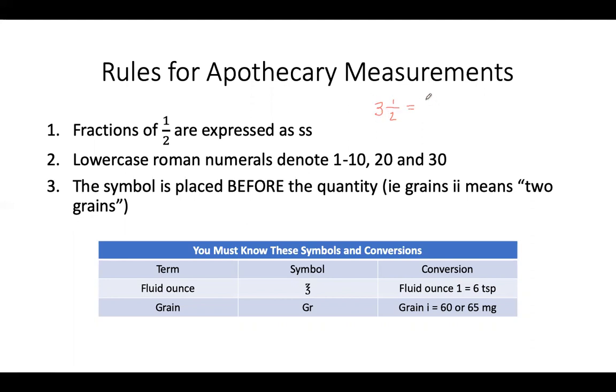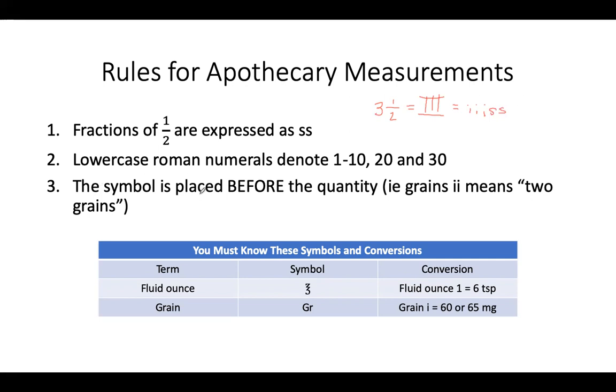The number 3 in Roman numerals is 3 uppercase I's, but for apothecary measurement, they're lowercase i's. So this would be expressed as grains, lowercase iii, and the half would be lowercase ss. So that's how you would express that for grains.